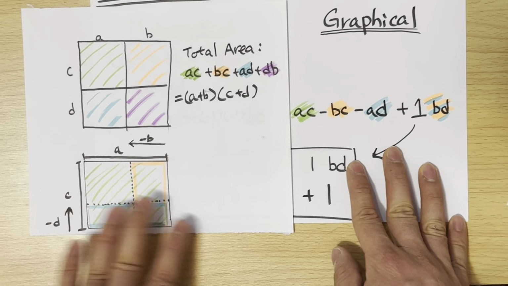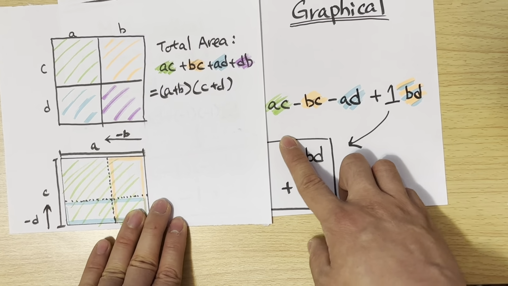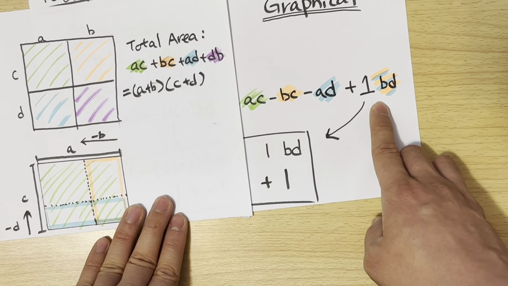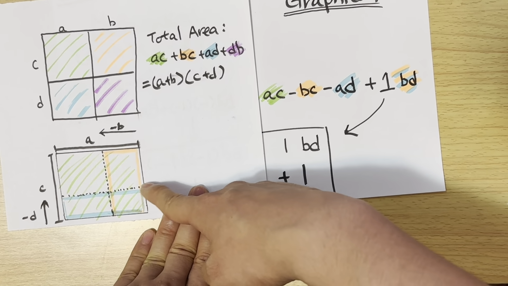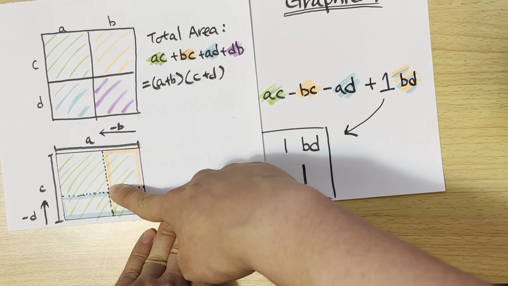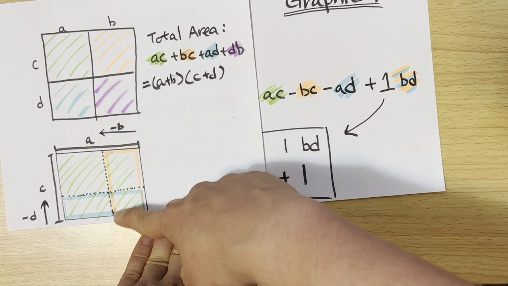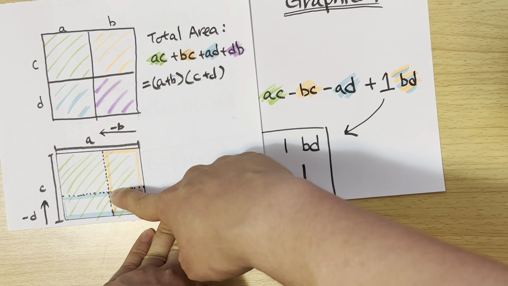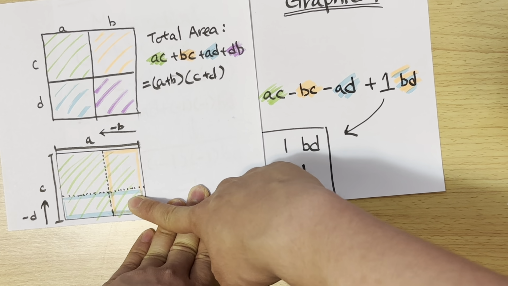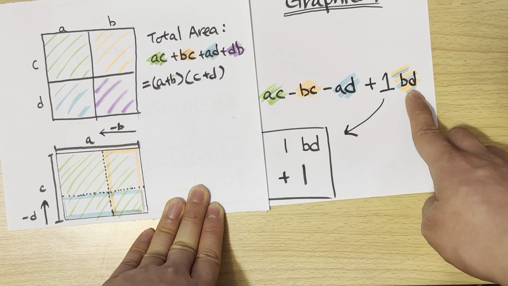In graphical form, you can see that we have to add the B times D back to the equation. Remember, this dimension is B and this dimension is D. We don't need to care about the negative sign because we only care about the area here, right? So that this is 1 plus BD.